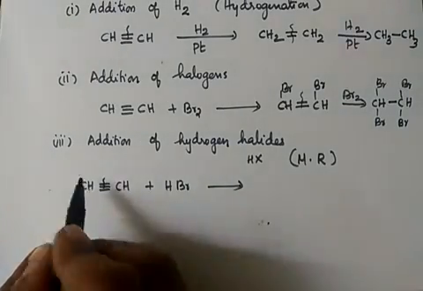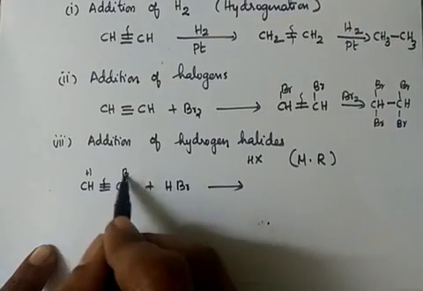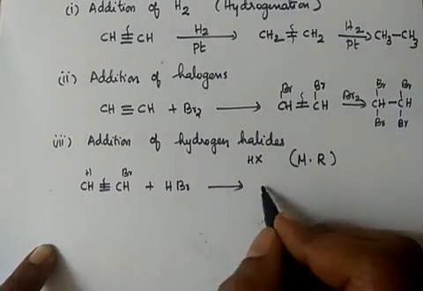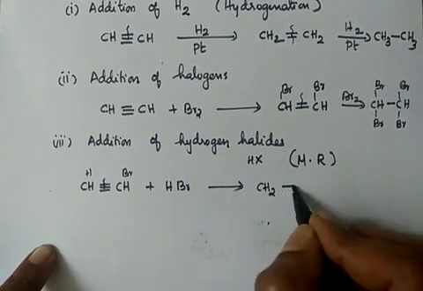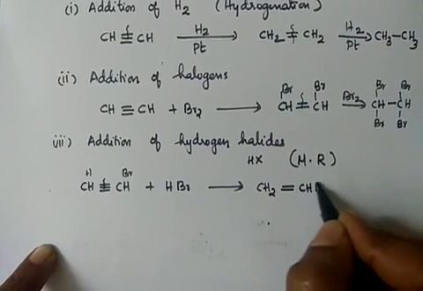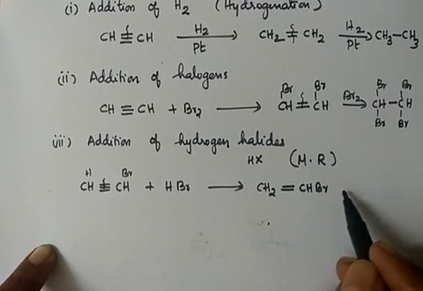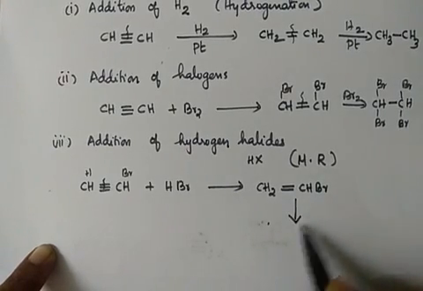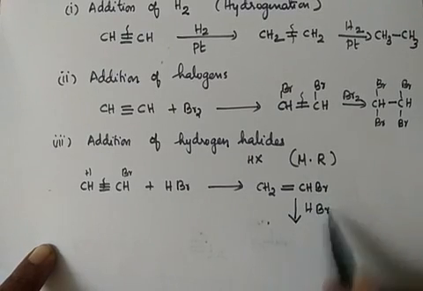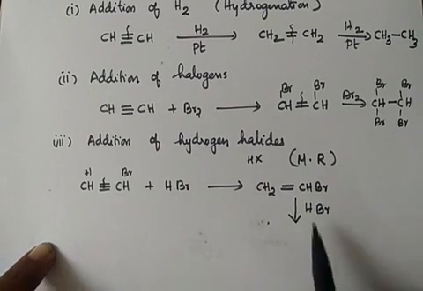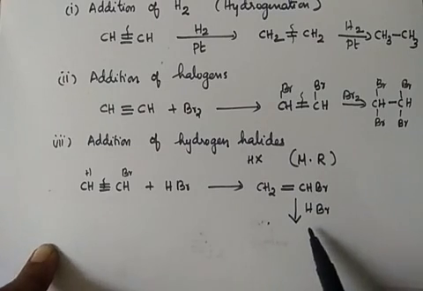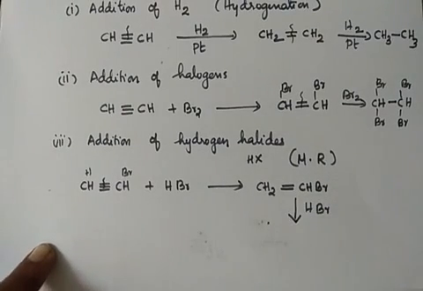Any side you can add hydrogen, HBr. So it becomes CH2 double bond CHBr. Then again you can add HBr. If again HBr is added, then the addition of HBr takes place in accordance with Markovnikov's rule.